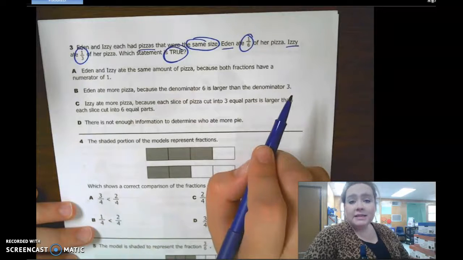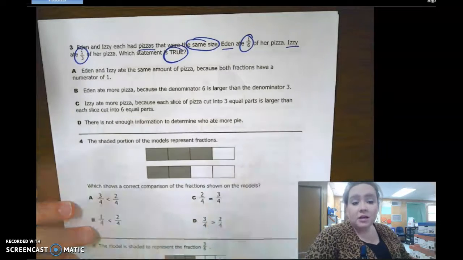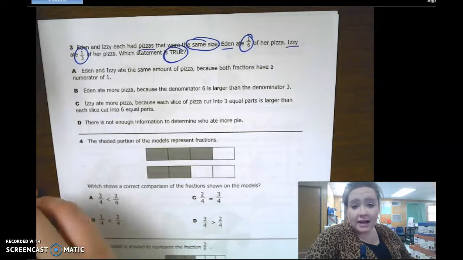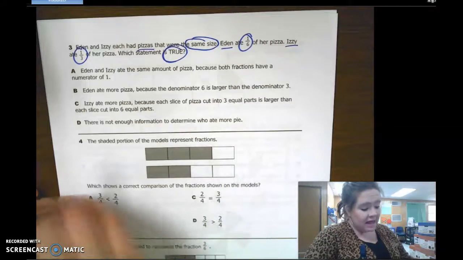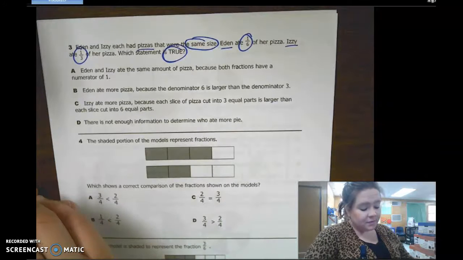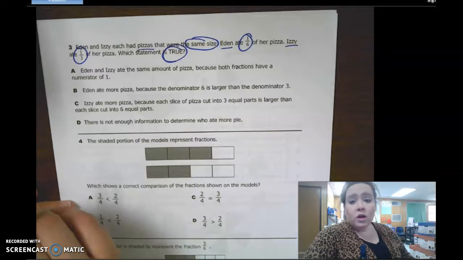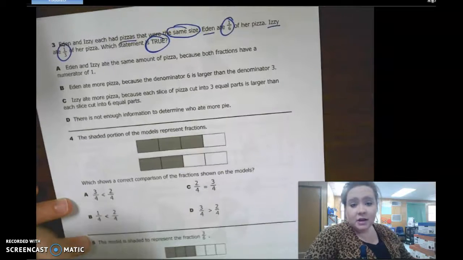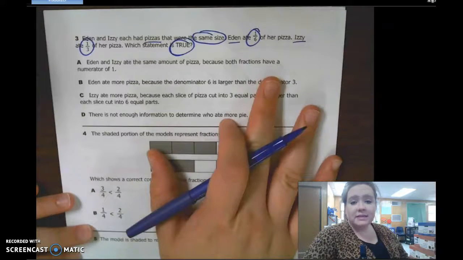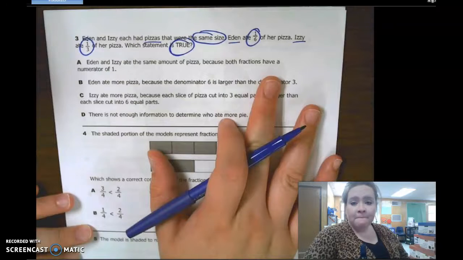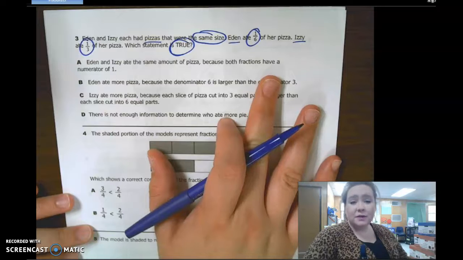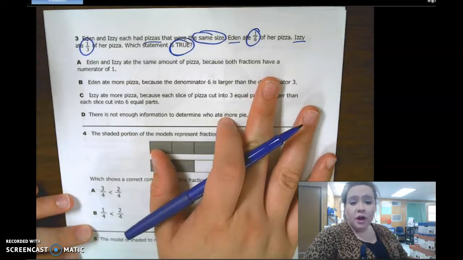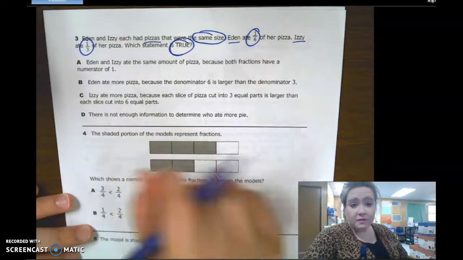When your whole pizza, or any model, is the same size, when you cut your pizza into more slices, what happens to the size of your slices? Good. The size of your slices are going to get smaller the more pieces that you cut from your pizza.